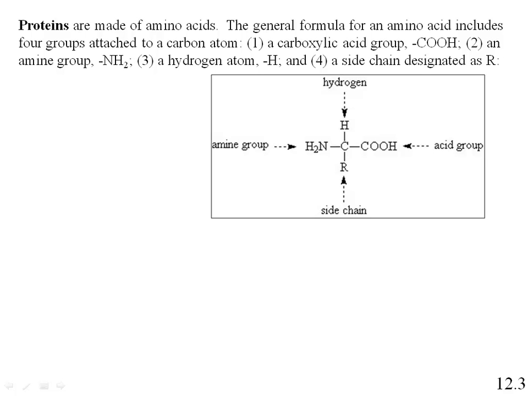All right, we've seen proteins before. We know the key component of proteins is the nitrogen group. We know that the key component of the carboxylic acids that we saw in the previous chapter is this carboxyl group, and then we have a hydrogen and a side chain.